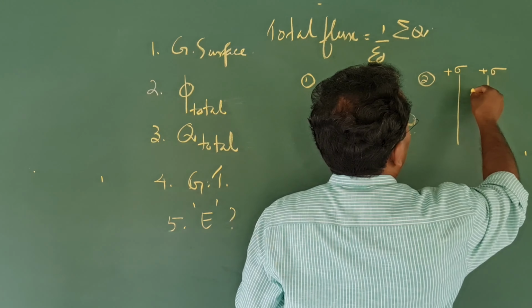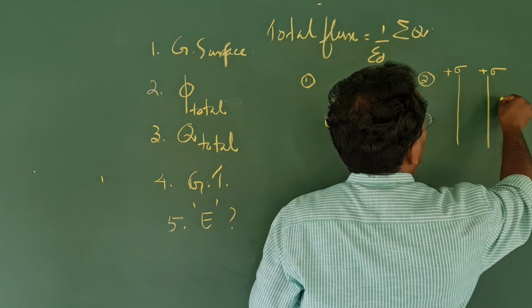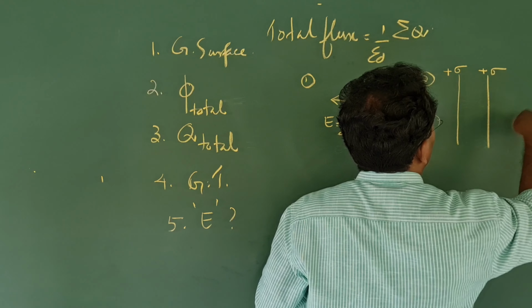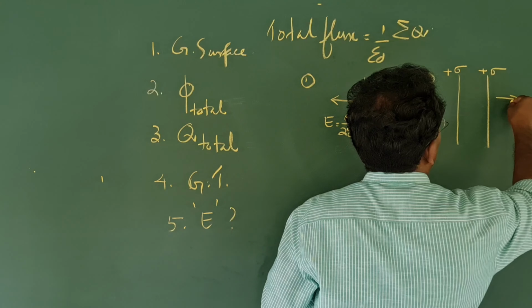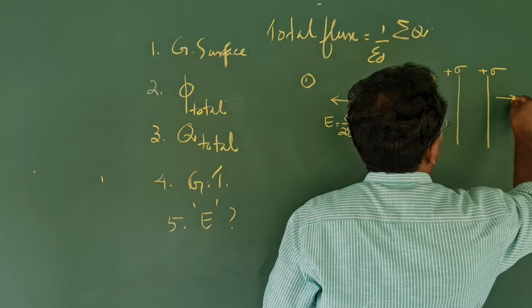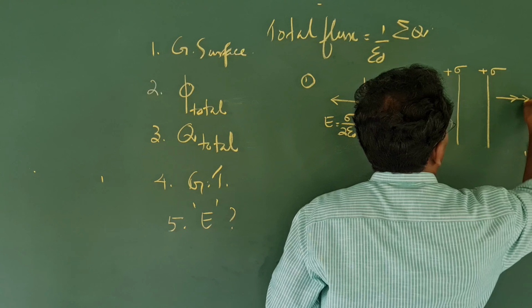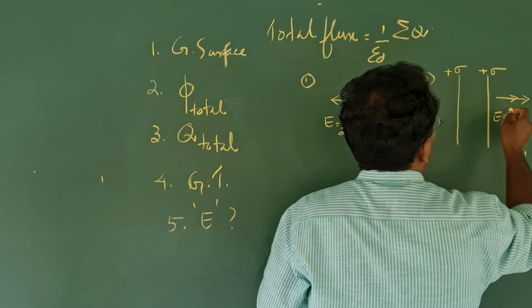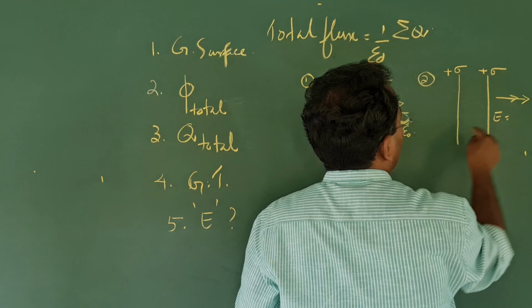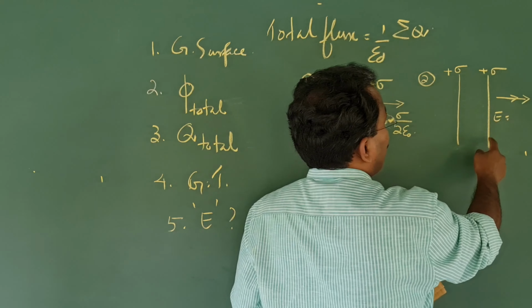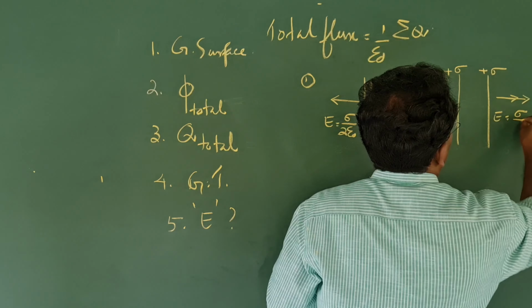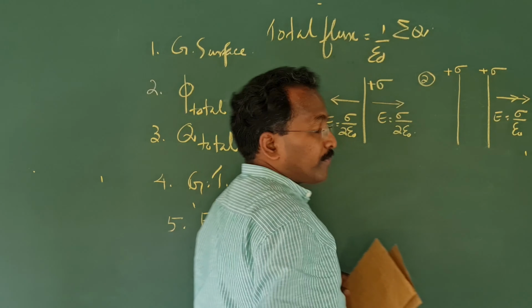On the sides of the sheet, if you imagine, this produces half sigma by epsilon 0 in this direction. This also produces the same. So the electric field will be in that direction. They add up. So half sigma by epsilon 0 by this and half sigma by epsilon 0 by this. So the total will be sigma by epsilon 0.